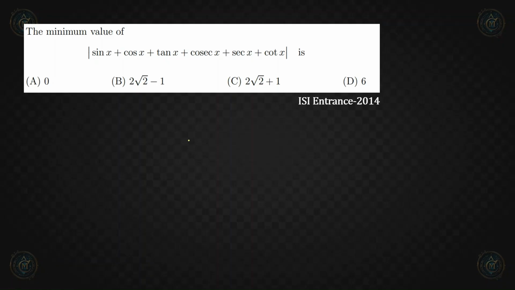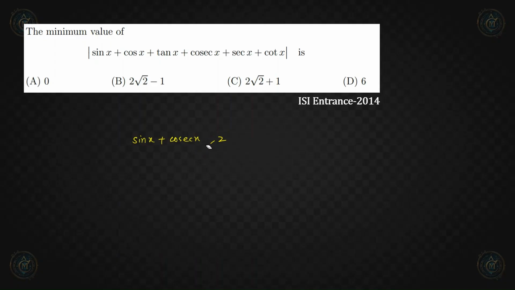Okay, so let us discuss why our previous approach was wrong. When we were applying the AM-GM inequality on these terms, we should remember the equality cases: sin x plus cosec x equal to 2, then cos x plus sec x equal to 2, then tan x plus cot x equal to 2.